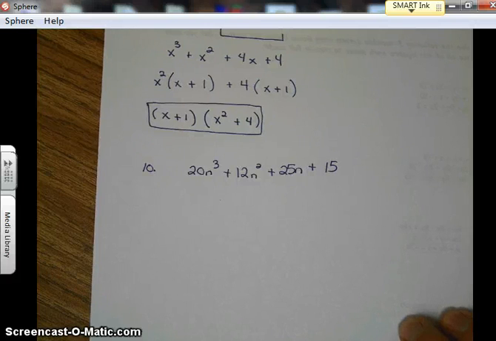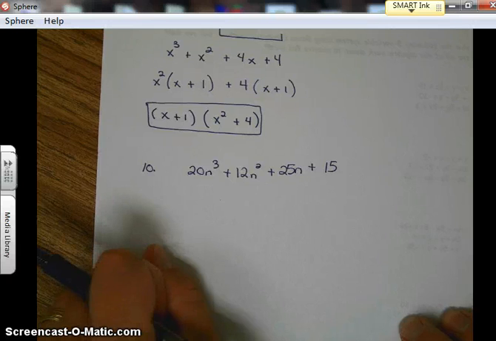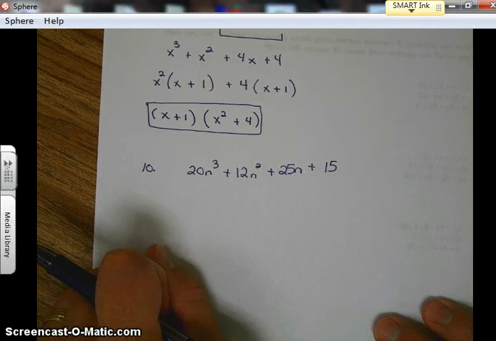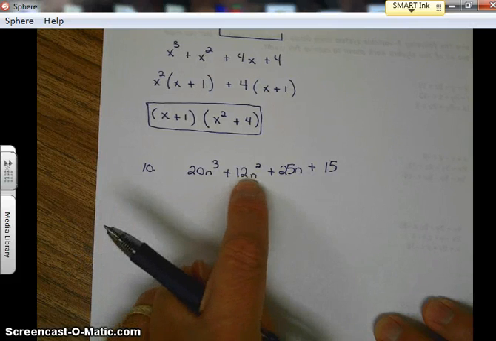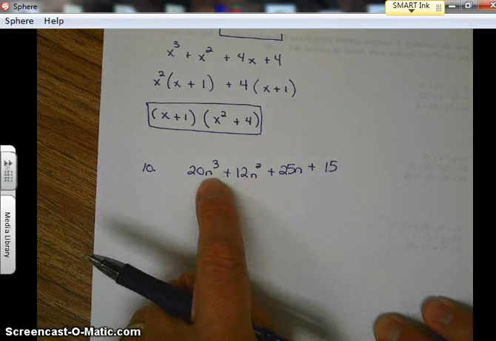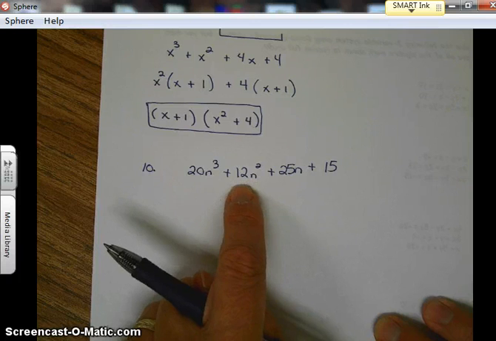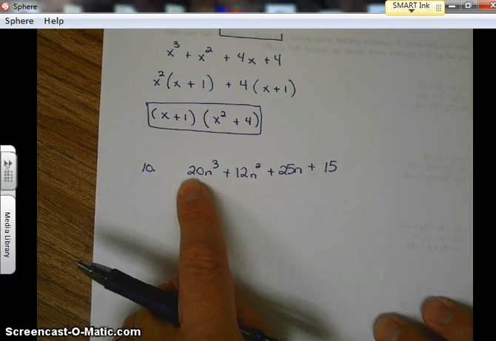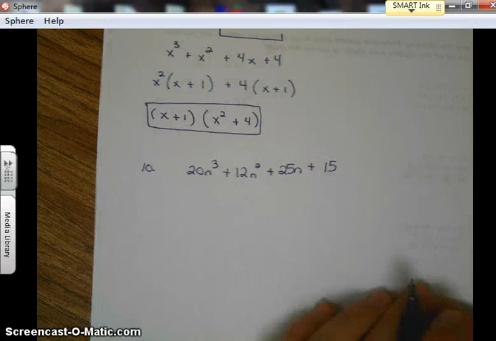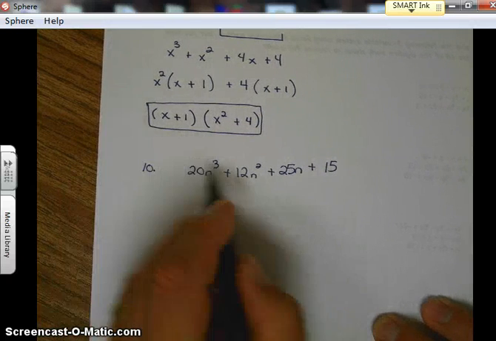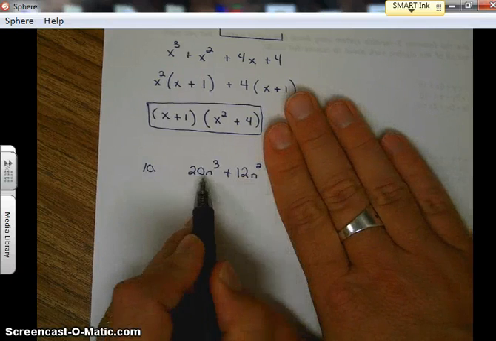All right, what do we want to group together? I think what we'll do here is we'll just leave these two together here because we can factor out an n squared out of both and a 4. And here we can factor out a 5 out of both of those. Let's see how it goes. So just doing these two first.